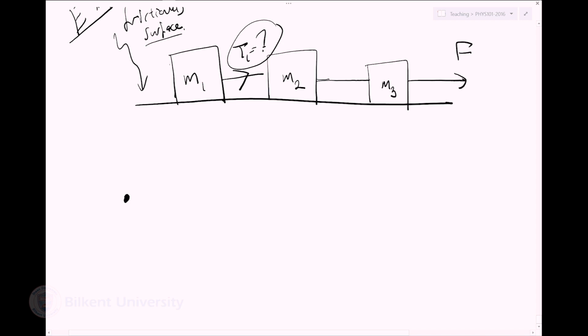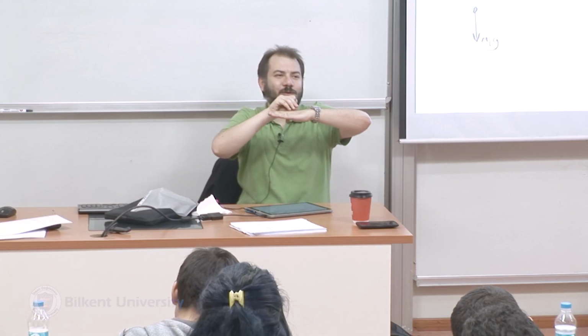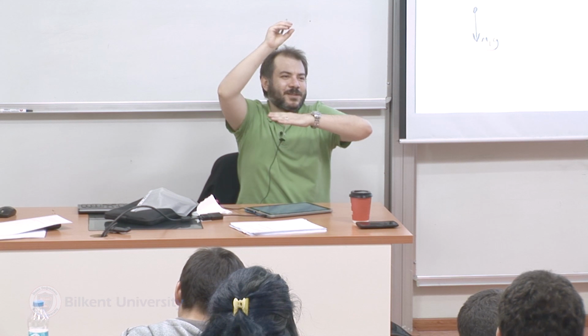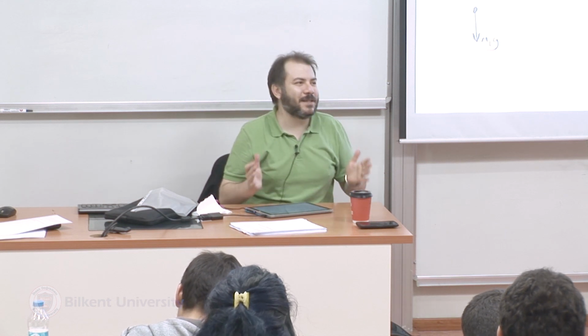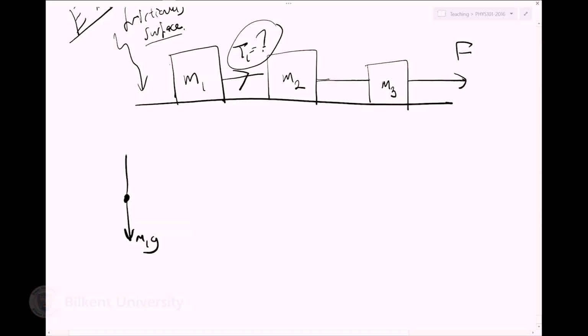So, what are the forces on M1? There is always M1g, but is that mass going down into the table, or is it jumping off the table? No, we do not expect any motion in the vertical direction, so there must be a normal force N1 which exactly cancels the gravity.